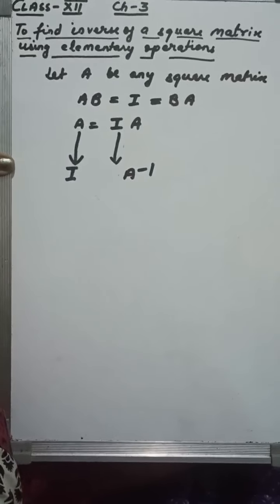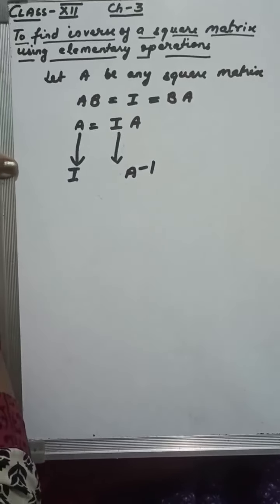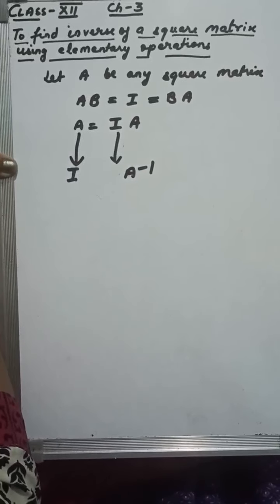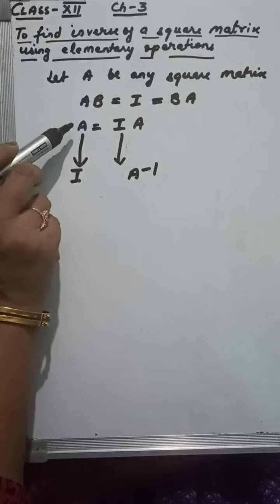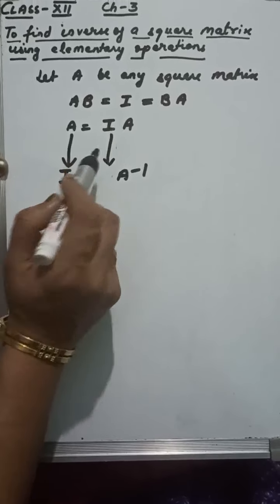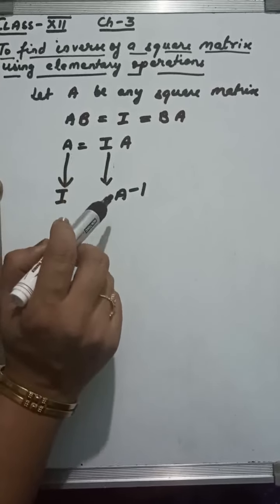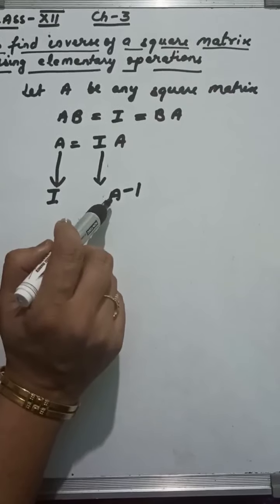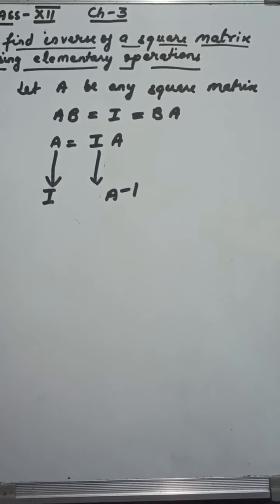So our main concept is, using elementary row operations or elementary column operations, we convert this square matrix A to identity and apply the simultaneous operations on the other side, and this I will change to a new matrix, and that new matrix is known as the inverse of A.